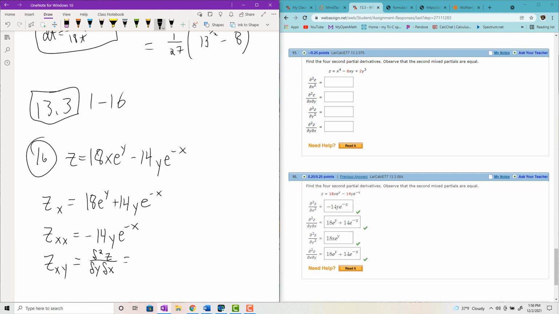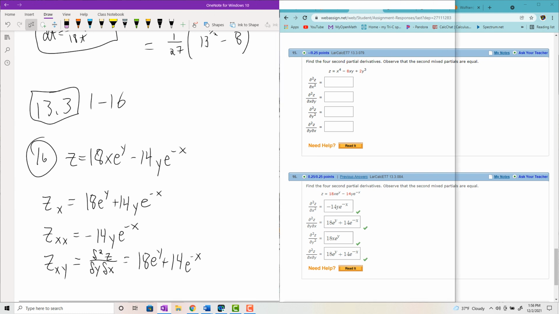But anyways, taking the derivative of z first with respect to x, then with respect to y, you get 18 e to the y plus 14 e to the negative x. Okay, and then we need the rest of these.